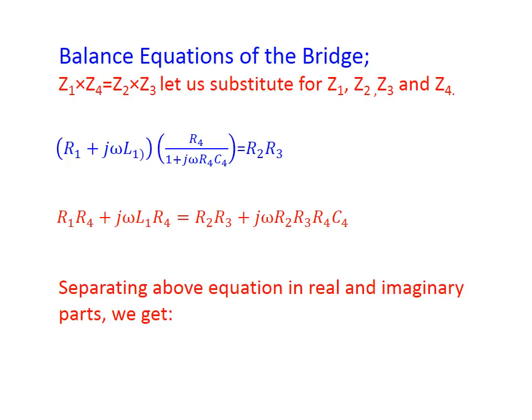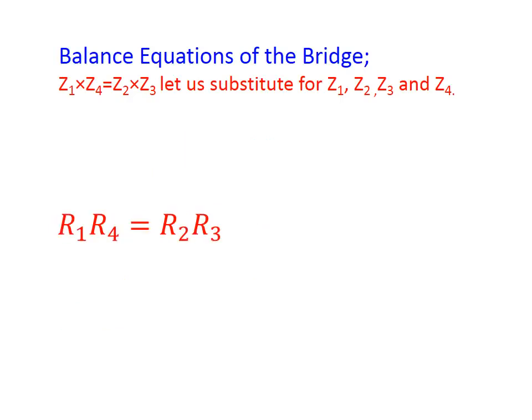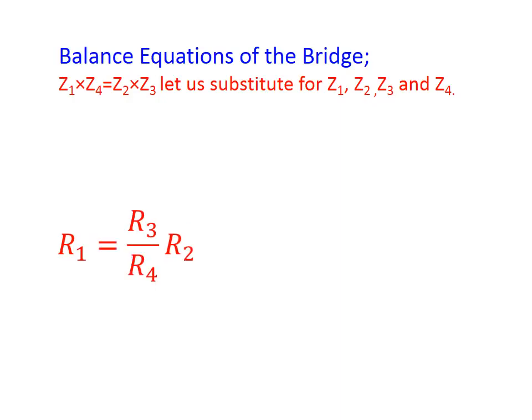After simplification, we get R1 into R4 plus j omega L1 R4 equal to R2 R3 plus j omega R2 R3 R4 C4. After separating the above equation into real and imaginary parts, we get R1 R4 equal to R2 into R3.